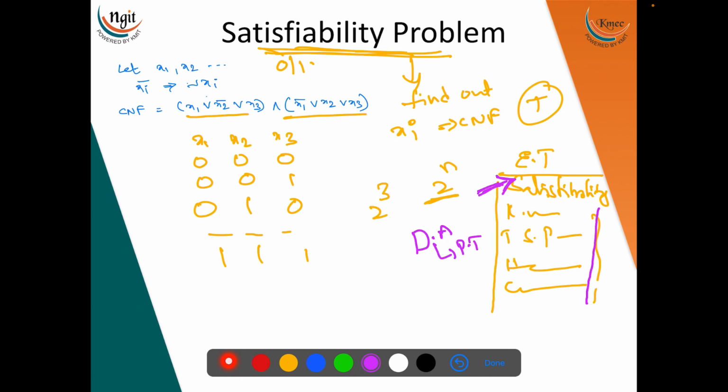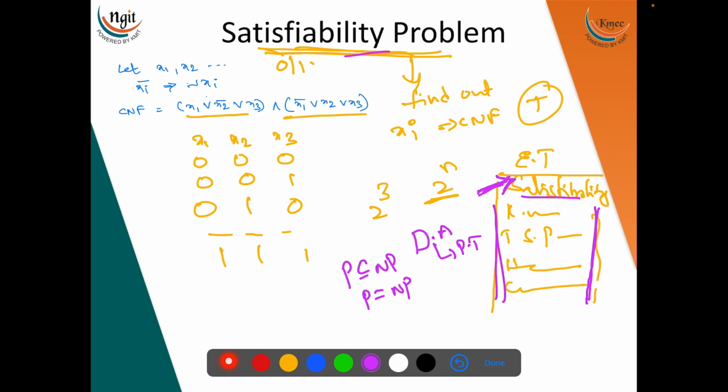If I am able to solve this satisfiability, saying that it is a P problem, or P is a subset of NP, or P is equal to NP, then all other problems are the same. Because if one belongs to one set, all others belong to the same set. And that is what we are going to find out, the relationship between satisfiability and this.